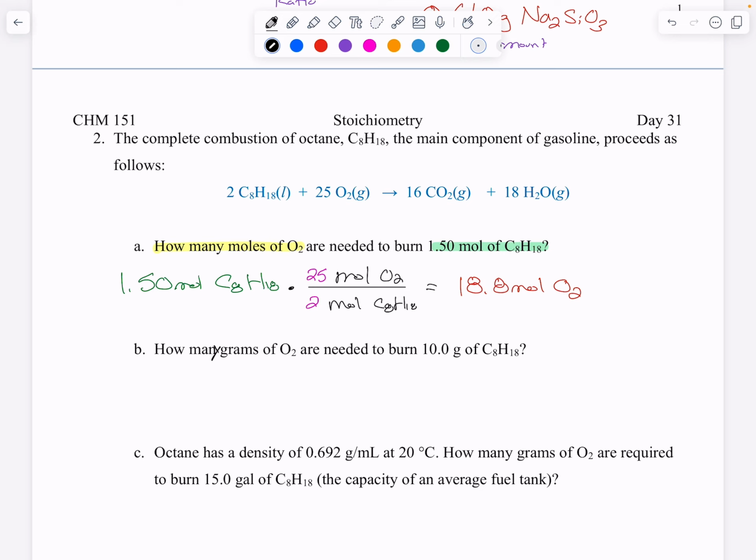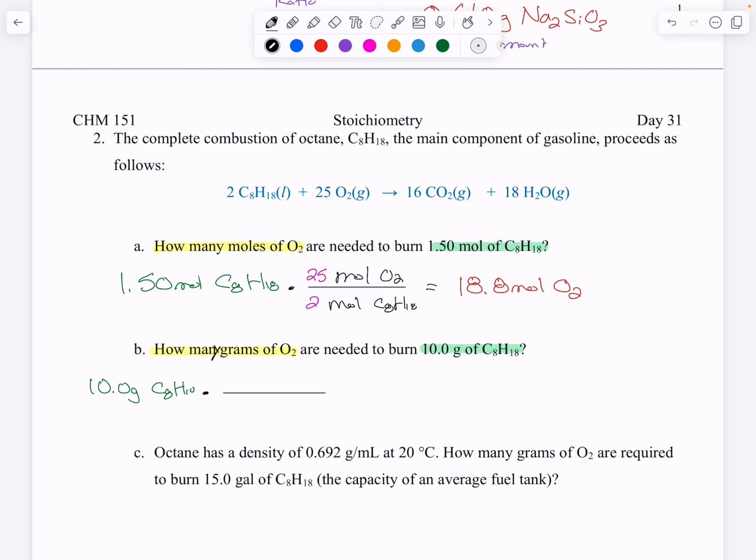How many grams of O2 are needed to burn 10 grams of octane? Highlighter out. How many grams of O2? Now we're mass. 10 grams of octane. So we'll start with our 10.0 grams of C8H18.